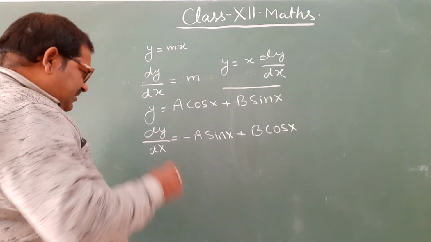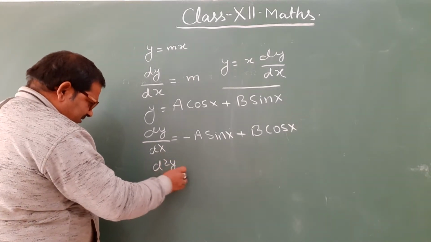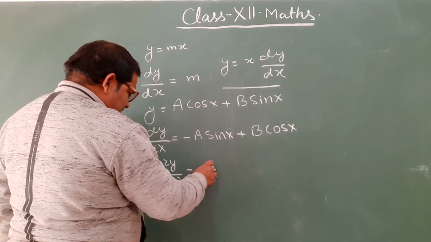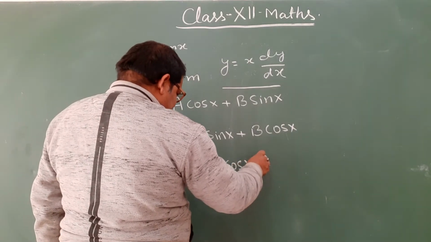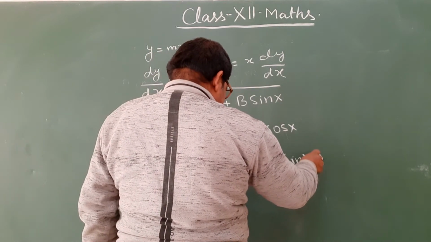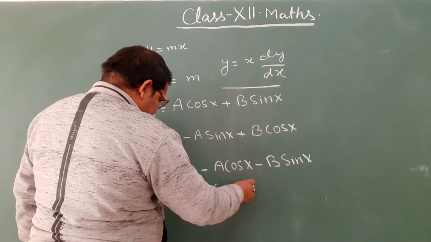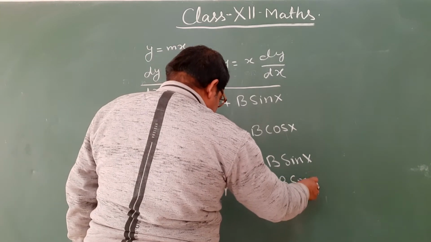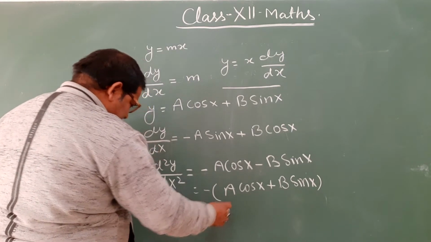Again we differentiate with respect to x, and d2y upon dx square equal to minus a cos x minus b sin x. Taking minus as common, minus (a cos x plus b sin x), that's equal to minus y.